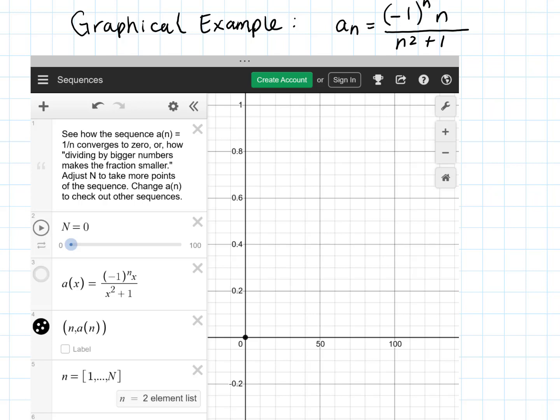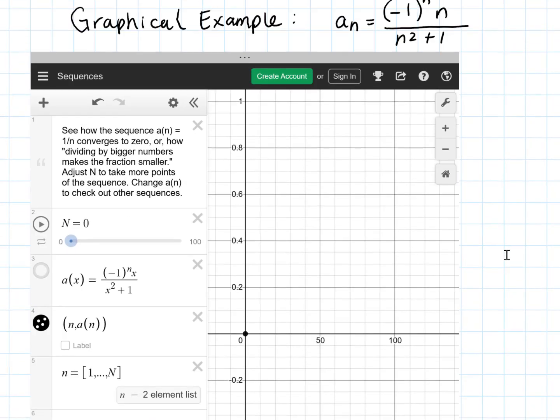So for this sequence, a sub n equals (-1)^n times n over n squared plus 1, I just went into Desmos and adjusted the actual definition of the sequence here, and we can graph this and see what happens when we have a switch.